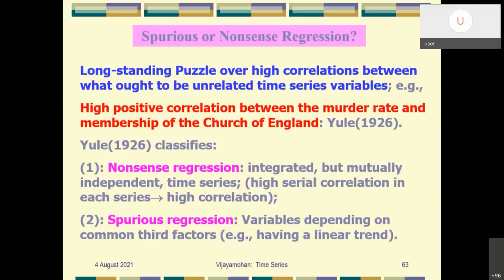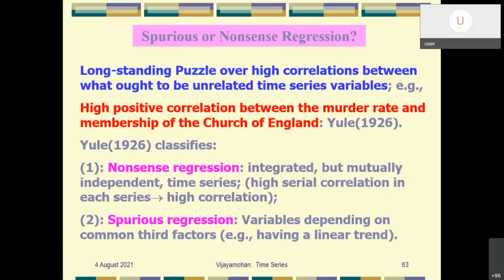Moderate is increasing over time. There is a positive trend. Membership of the Church of England is increasing over time. There is a positive trend. So the correlation that we get between these two variables is actually the correlation between the two trends.